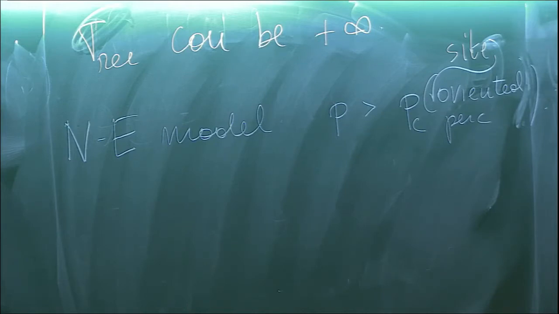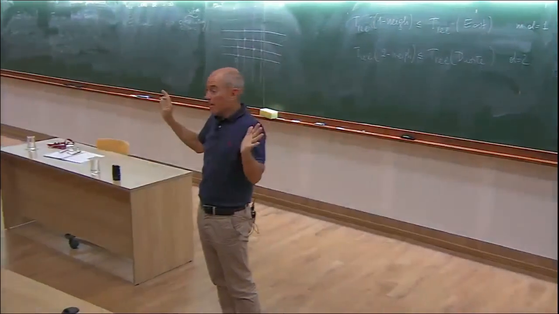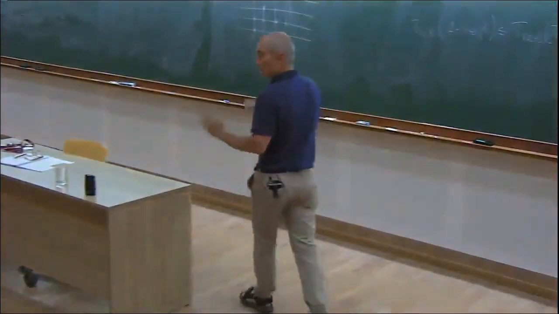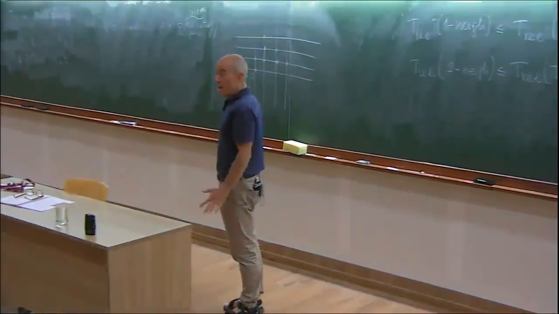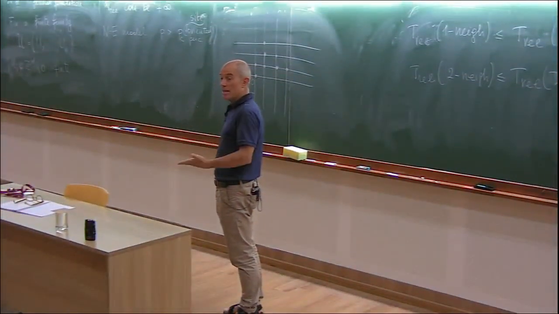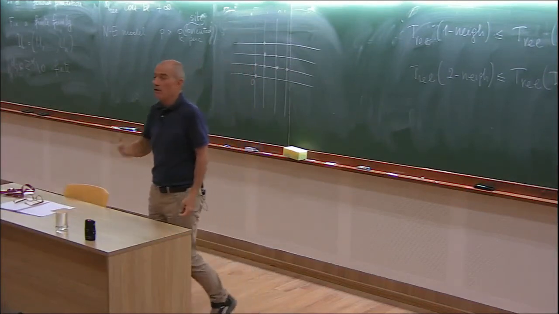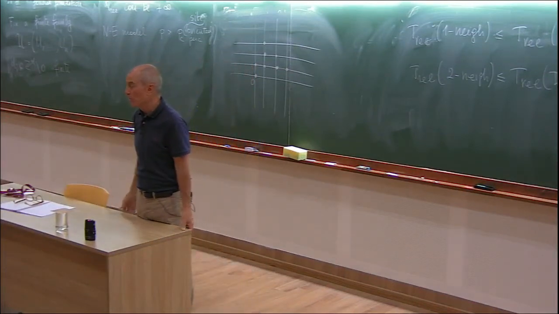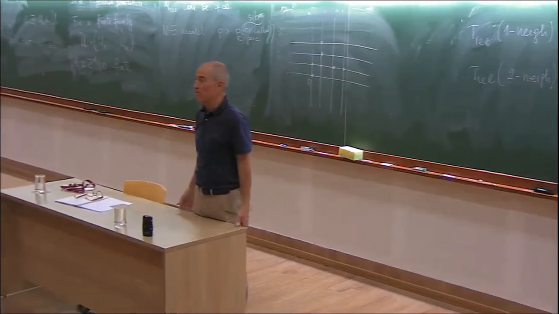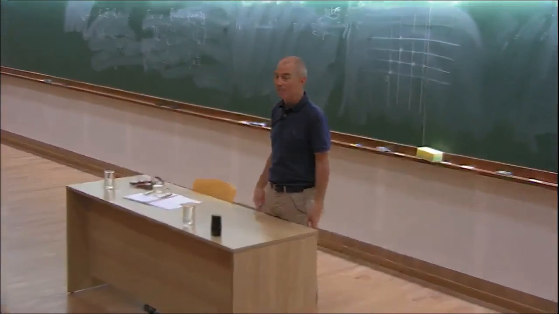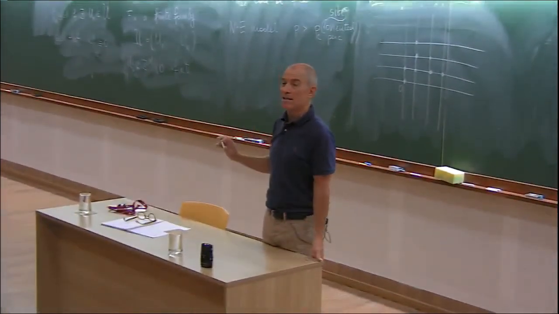They cannot be updated by the chain because each vertex on the path has at least either the north or the east neighbor that is 1, and therefore is constrained, right? Is locked. So there are blocked configurations in the reversible measure, and this immediately implies that you cannot converge exponentially to equilibrium, and therefore the relaxation time is infinite.